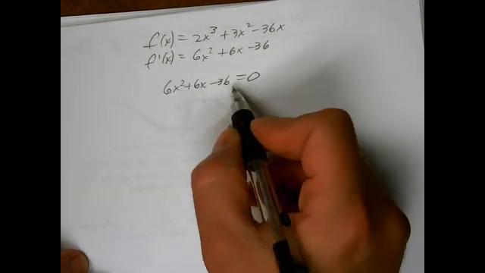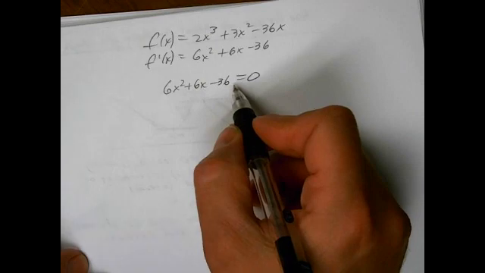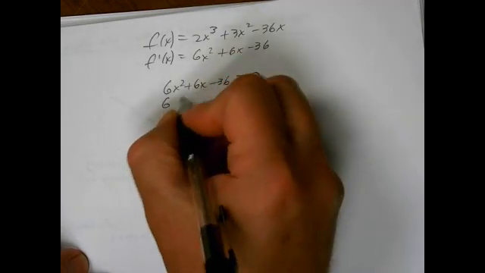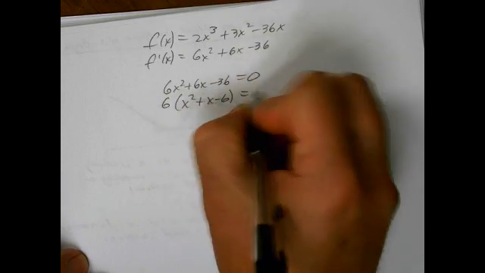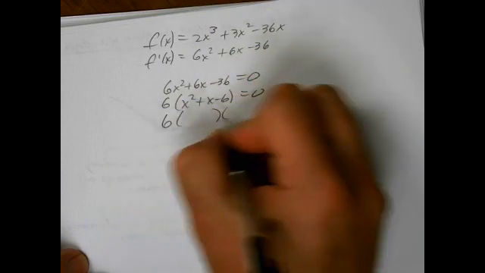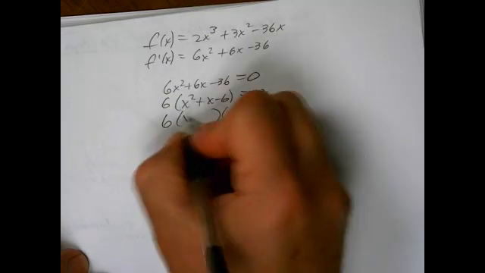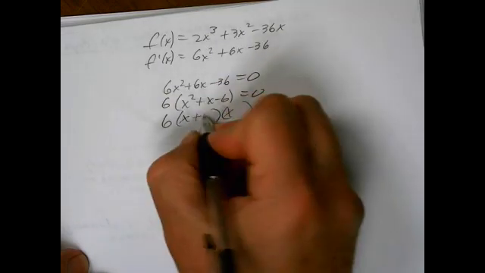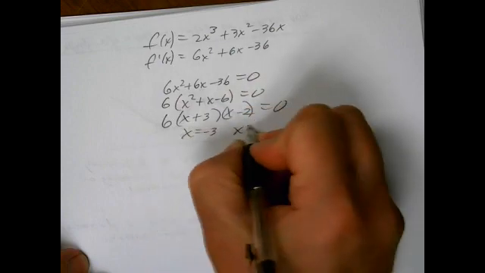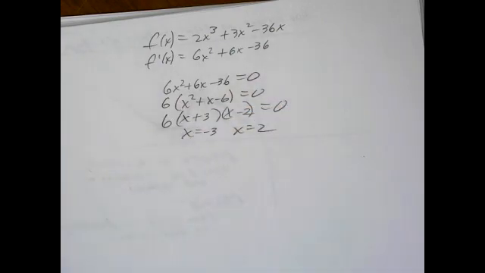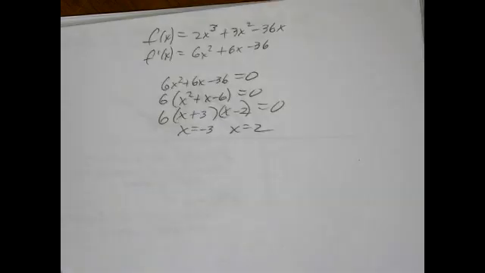So now I'm just left with finding out when is it equal to 0. So I'll factor out the 6, factor as two binomials, and solve. All right, so what am I going to do with that solution?